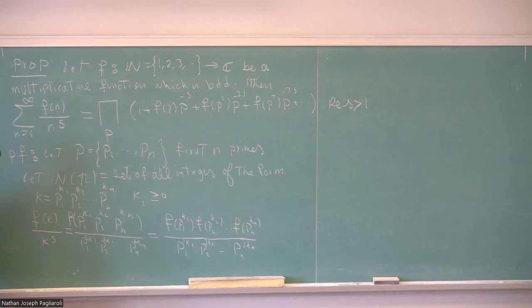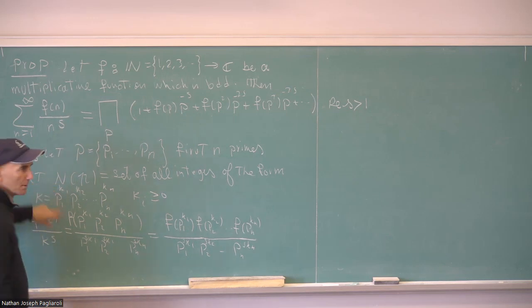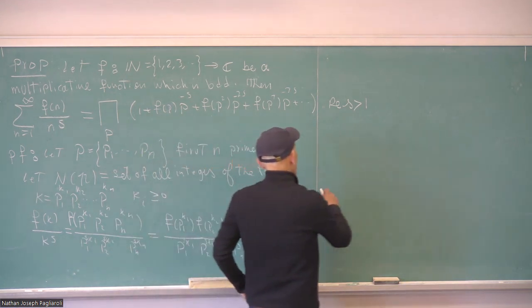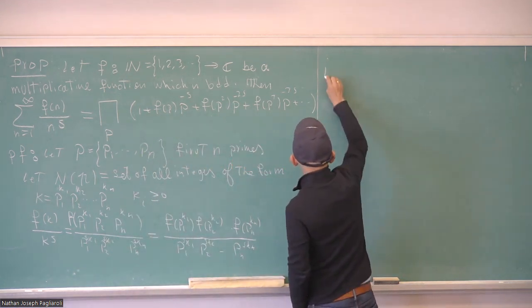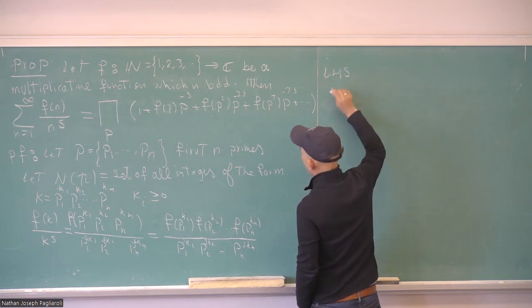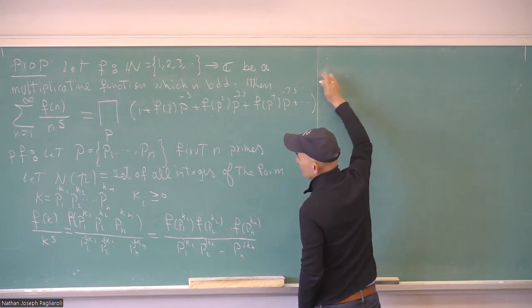Then I just choose some part of the left-hand side, using only those n which appear in this set N(E).